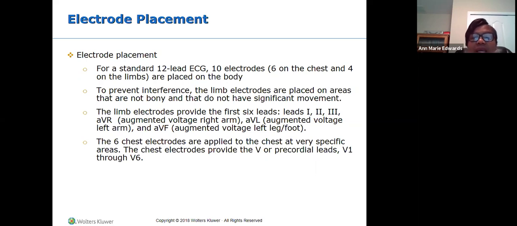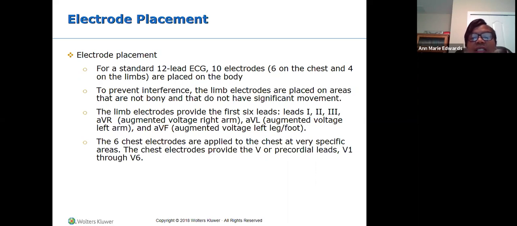The limb electrodes provide the first 6 leads: Lead 1, 2, 3, aVR, which is augmented voltage right arm, aVL, which is augmented voltage left arm, and aVF, which is augmented voltage left foot. So those are your 6 leads for your limb electrodes.